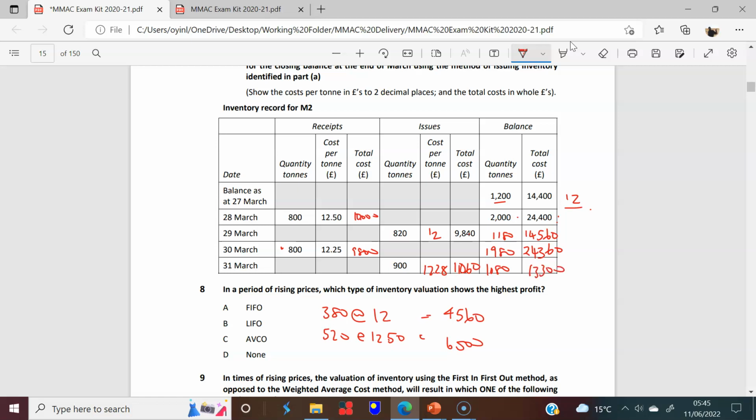Yes, let me just quickly check this calculation again with the 900 times £12.28. Yes, 4,560 plus 6,500. Yes, 11,060. So yes, there we have it. And that's question 7.